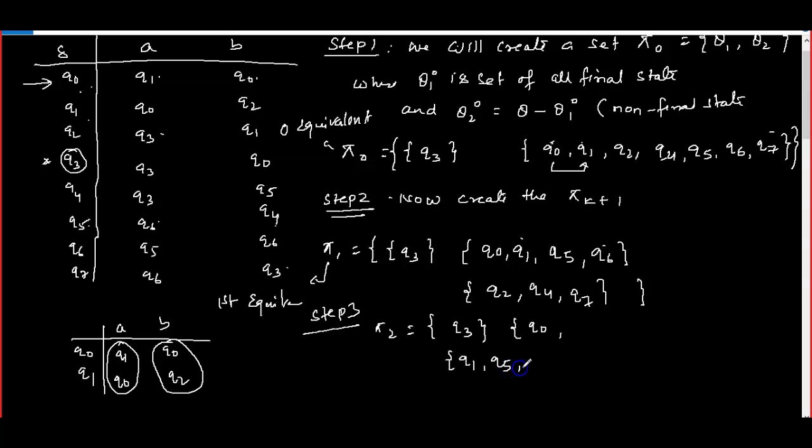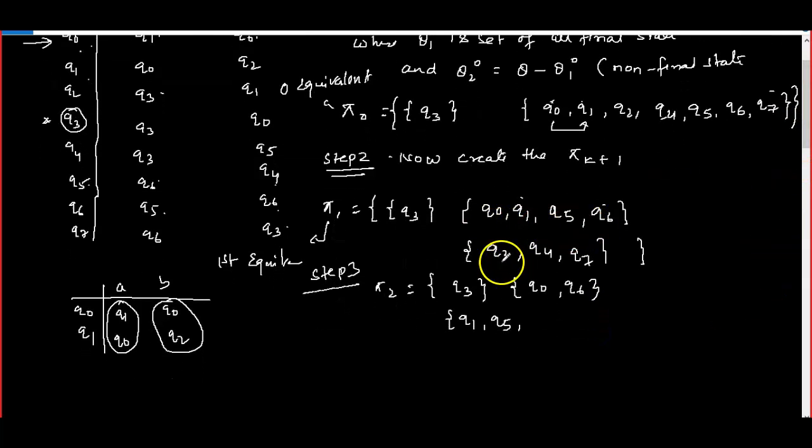Getting it? Now Q0 and Q6. This is Q1, Q5. Q1 and Q5 are in the same set, and Q0 and Q6 are in the same set. You just check in the previous set. So Q6 will be together only. This one is already done, this one we will check.